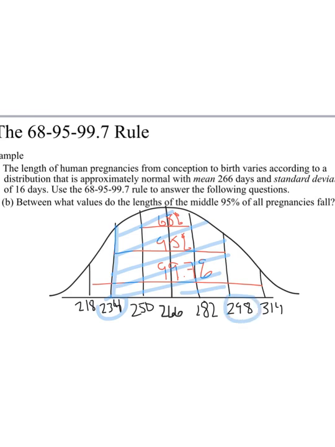So my answer would be 234 to 298 days. Remember, on the AP exam, they will probably want you to write it in context. So you would say the middle 95% of all pregnancies fall between 234 and 298 days.